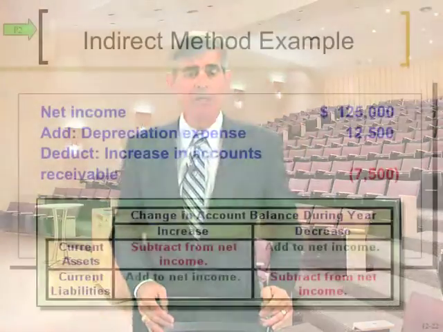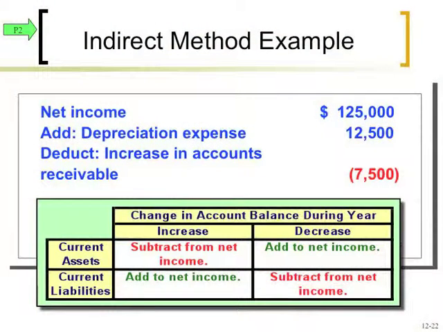Okay, so moving on then, you'll notice accounts receivable went up, so we subtract that from net income. And then finally, accounts payable went up.